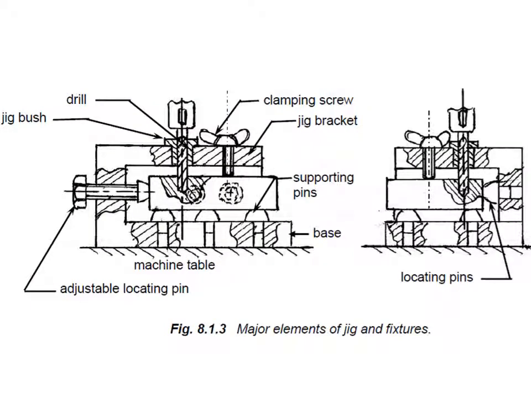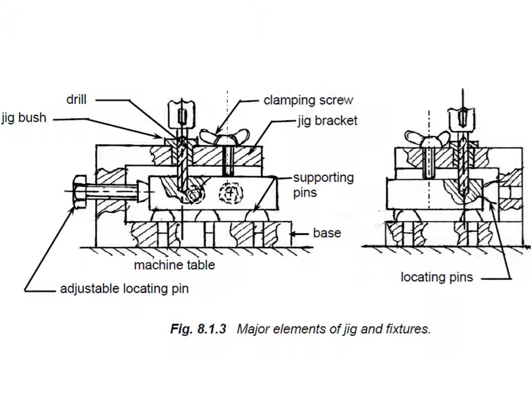Here in this figure, the most important part is the base of the fixture or jig, and there are some supporting pins provided from the base which will act as a support for the component, and the component is sitting over the supporting pins. It is further located from two sides which are perpendicular to the base.